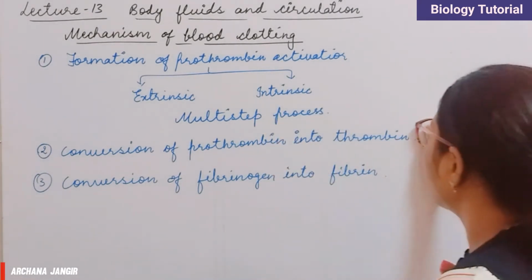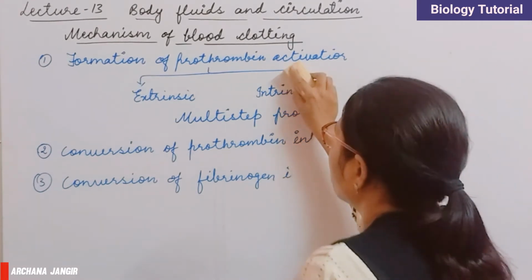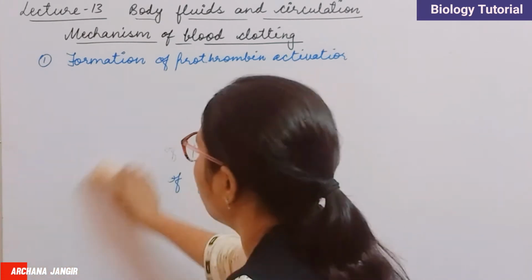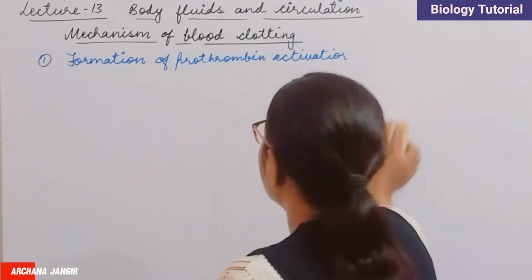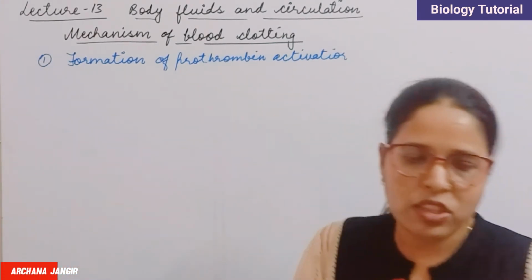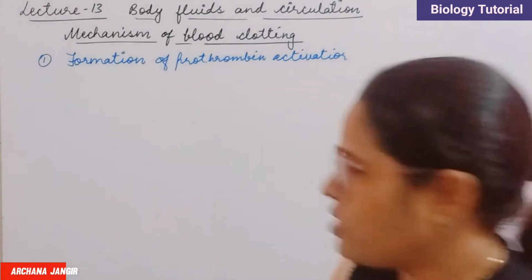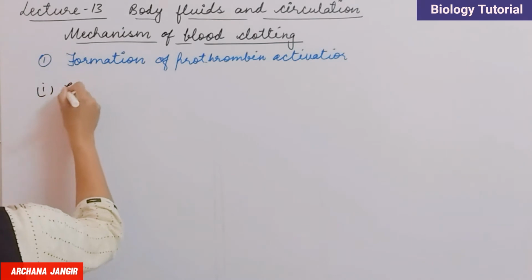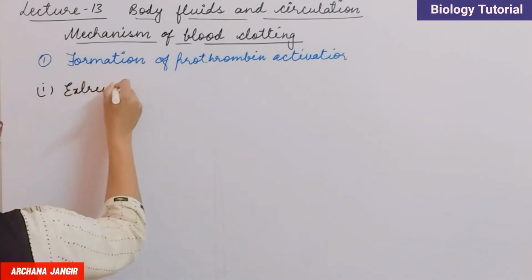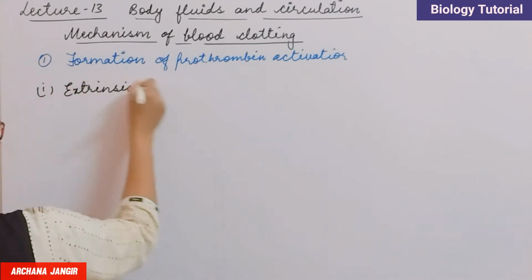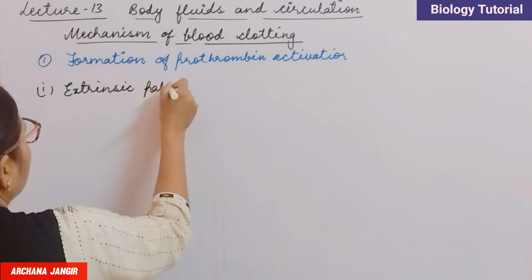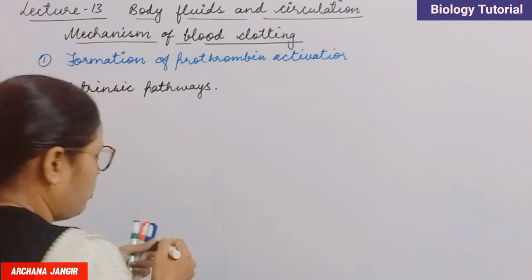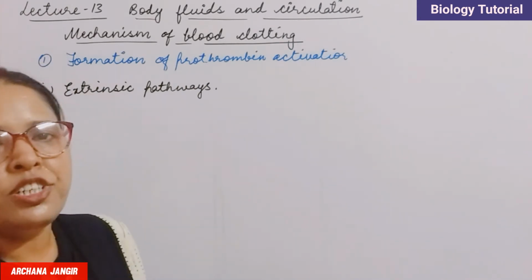So the first process is formation of prothrombin activator, and there are 2 pathways. The first one is the extrinsic pathway and the second one is the intrinsic pathway. Firstly we are going to discuss the extrinsic pathway. This pathway starts with injured tissues.